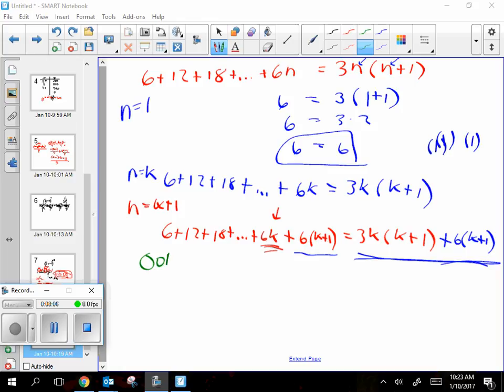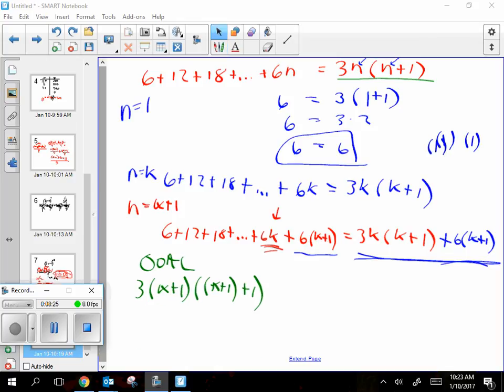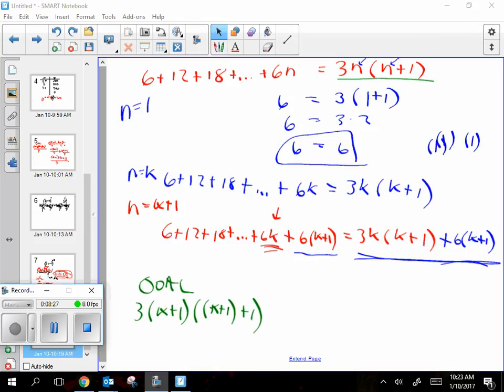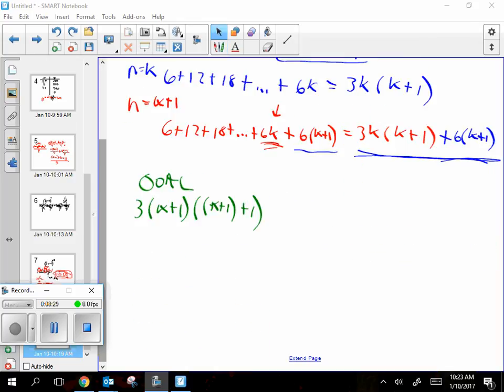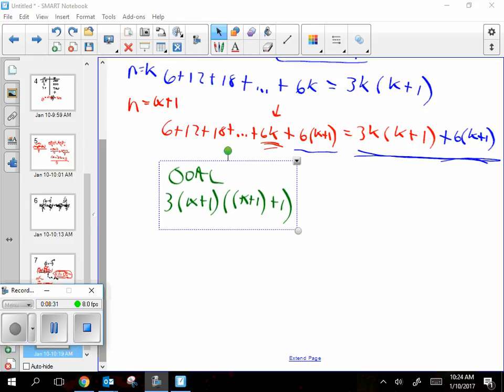My goal is to get 3 times, again, n is going to become k plus 1, and then n again is going to become k plus 1, and then plus 1. There, that's this original statement with k plus 1s put in for the n. Now, I can drag this down the screen here, and eventually my right-hand side should equal this left-hand side.